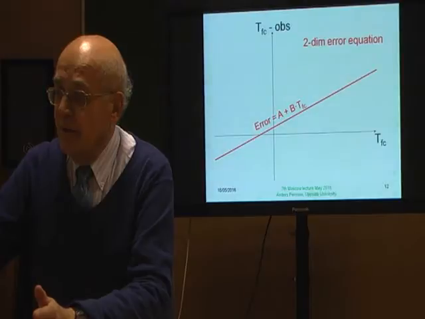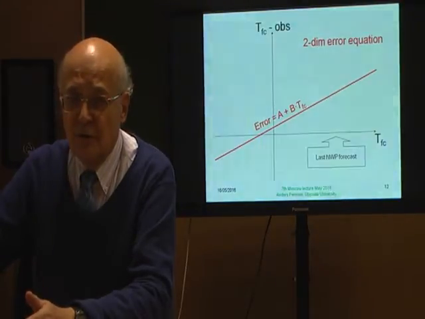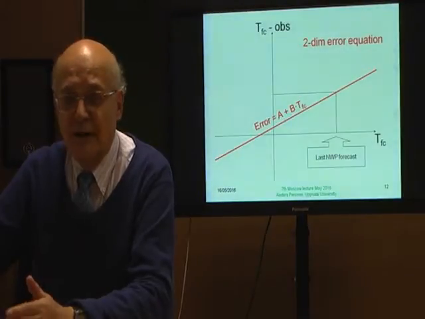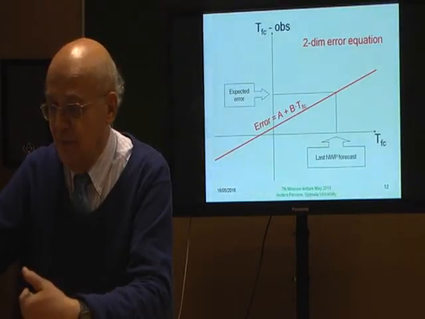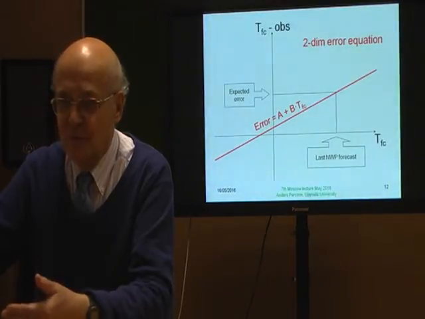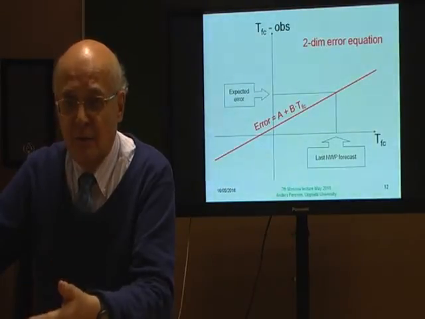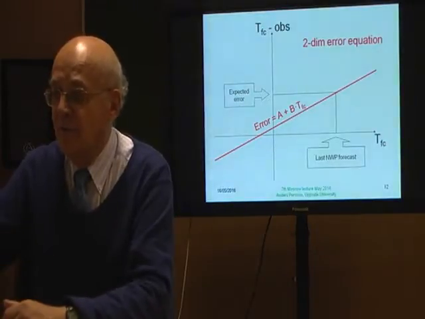And so here you have the last numerical weather prediction forecast, and it allows you to forecast the error. So the expected forecast failure can be predicted and corrected for. You subtract or add this value that is given.